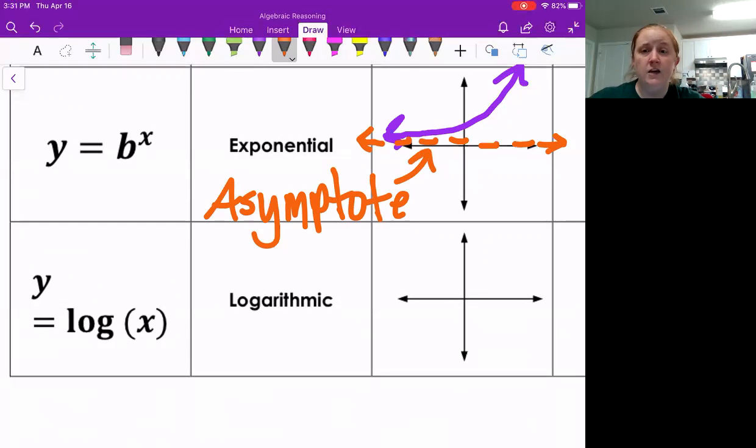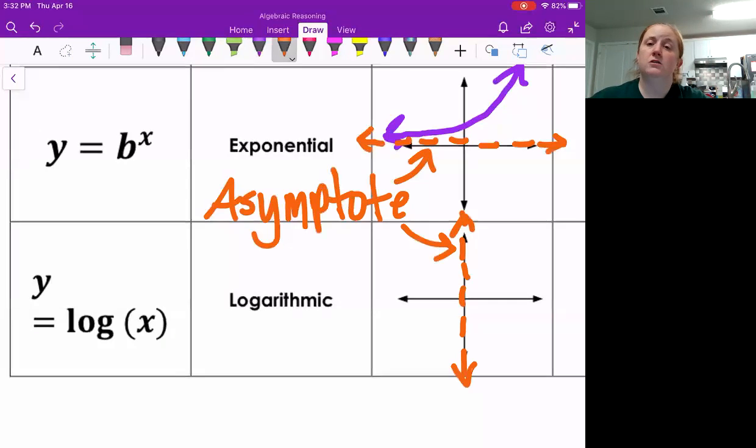And when we look at the inverse, the asymptote switches as well this time. So instead of the x-axis being our asymptote, now the y-axis is going to be our new asymptote for our last parent function here, which is called the logarithmic. So there's our new asymptote. Now, our graph is also going to change.